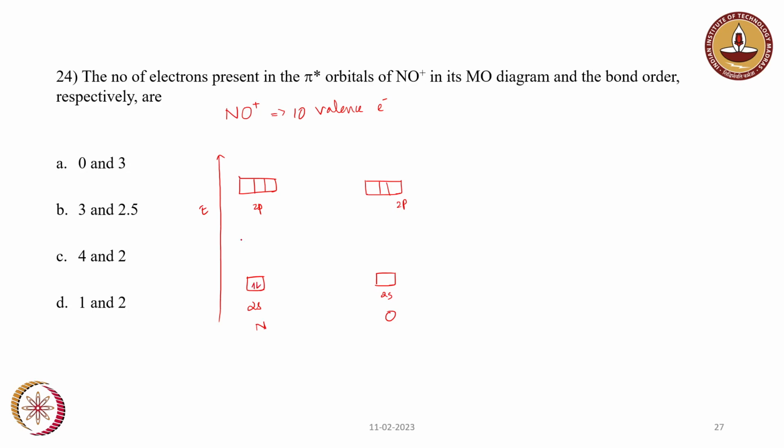In nitrogen, 5 valence electrons, and in O plus, there are 5 valence electrons.